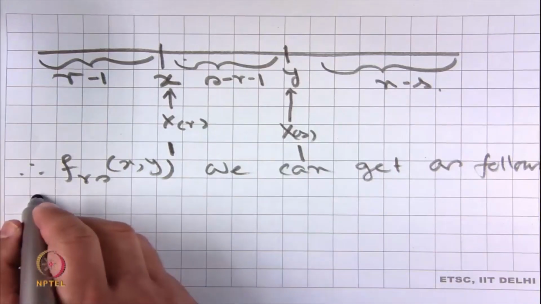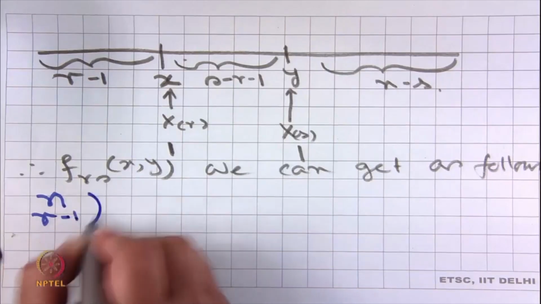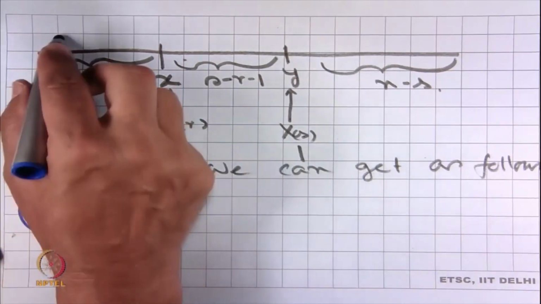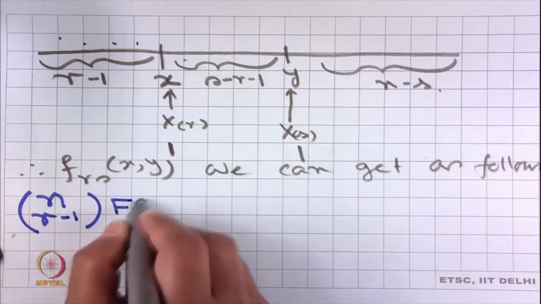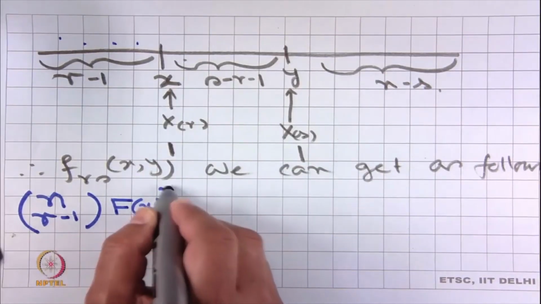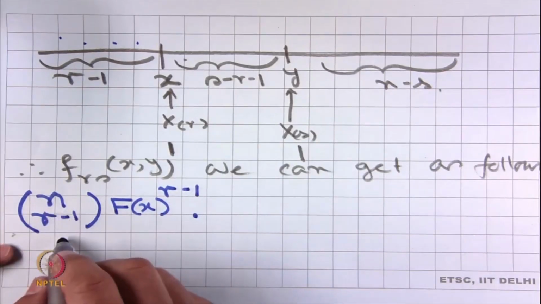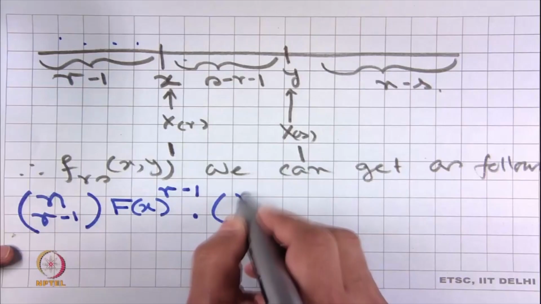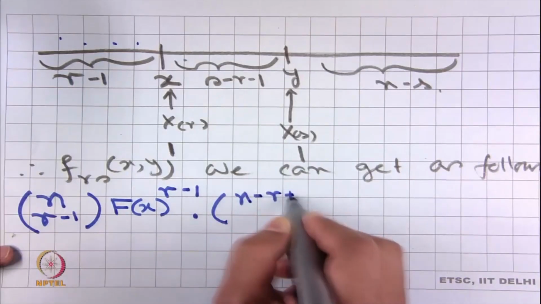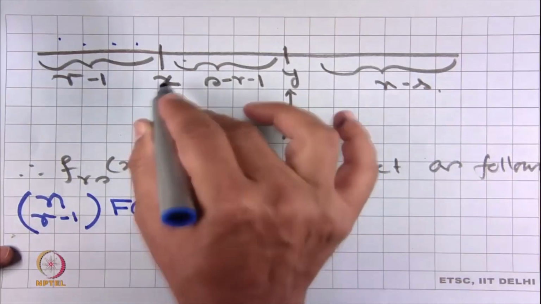Out of n, I am choosing r minus 1 to fall here, and that probability is F x to the power r minus 1. Now, how many are remaining? n minus r plus 1. Out of that n minus r plus 1, I am choosing 1 and putting it here.